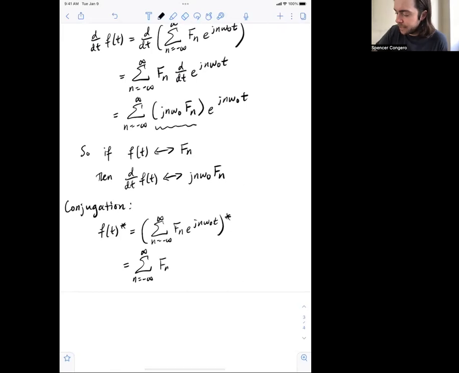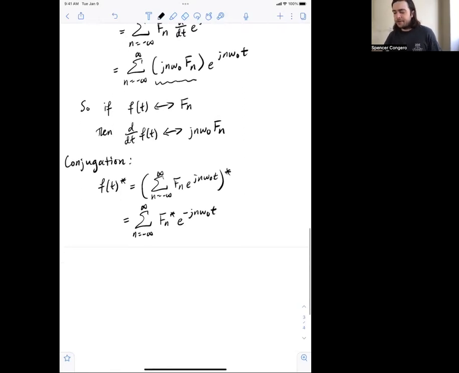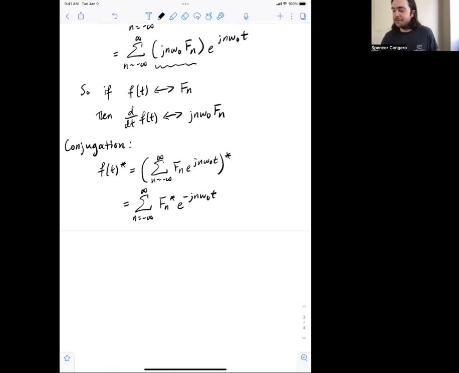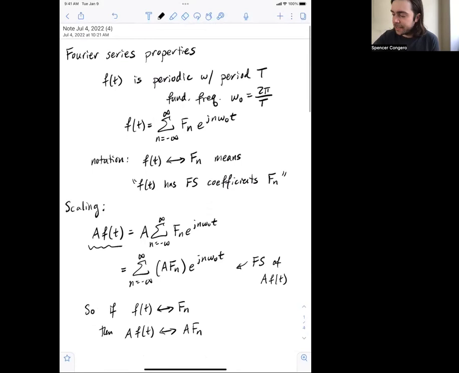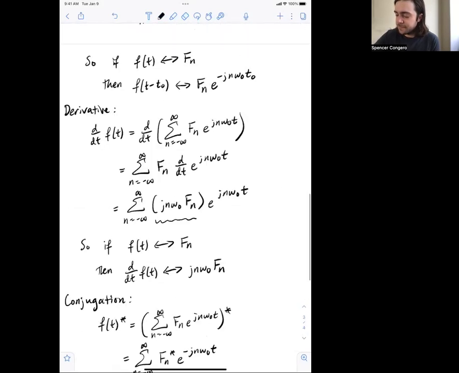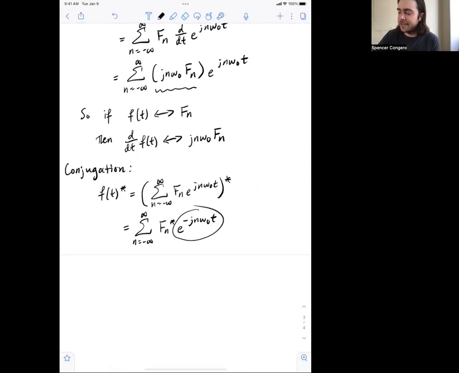Now I'm going to get f sub n conjugate, and then e to the j n omega naught t conjugate is e to the negative j n omega naught t. Now this is not quite the Fourier series representation, because in the Fourier series, you can see I need e to the positive j n omega naught t. Here I have e to the negative j n omega naught t.